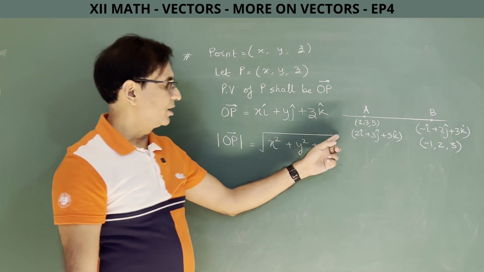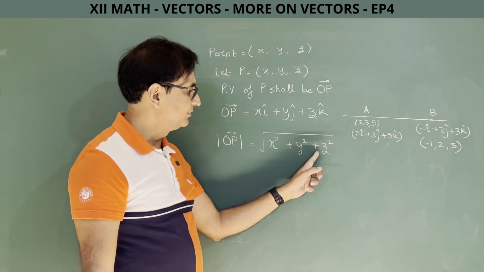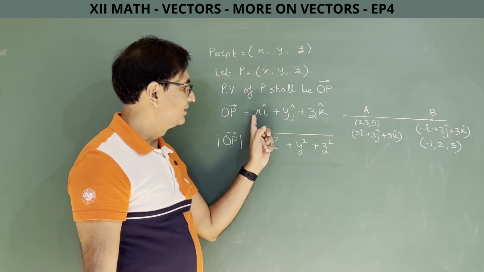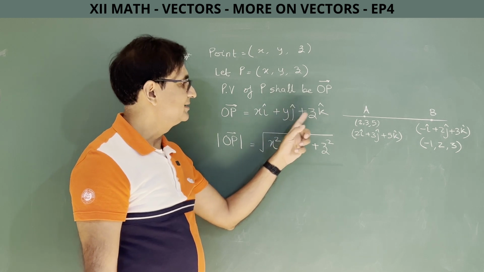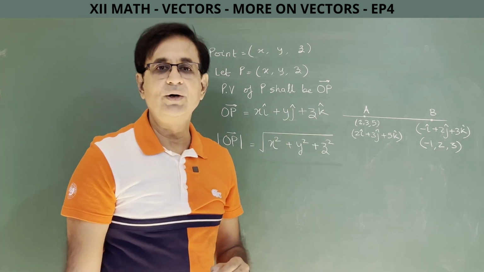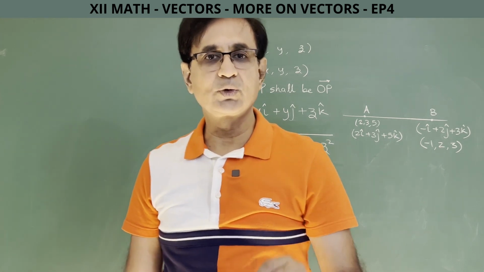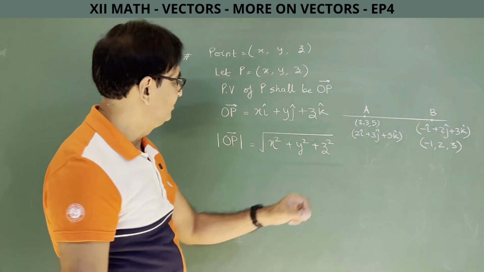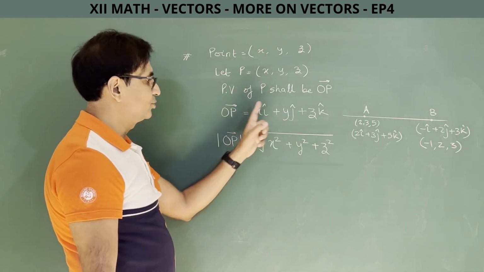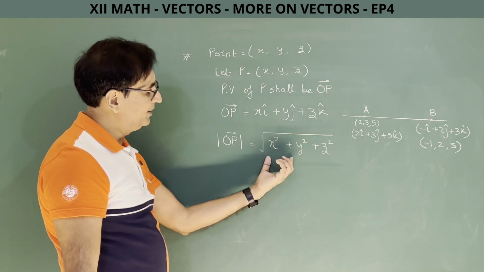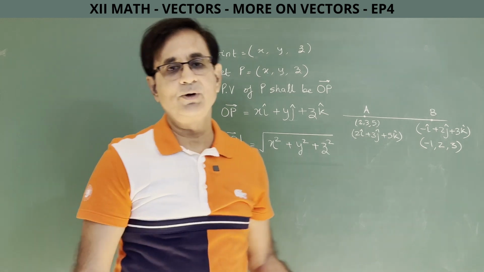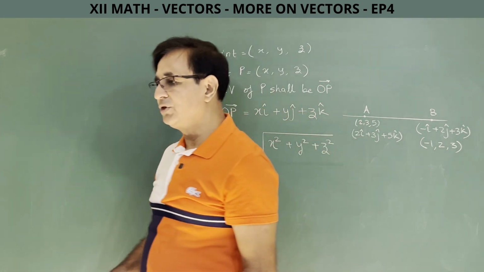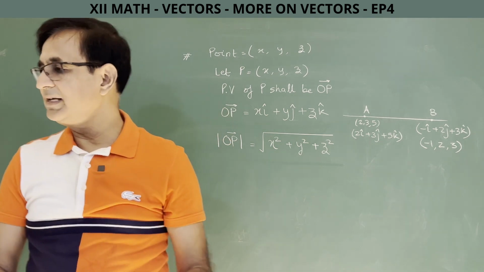It is the square root of the sum of the squares of the coefficients of i's, j's and k's. Simply put, it is the square root of x square plus y square plus z square. So you may remember it like a poem.